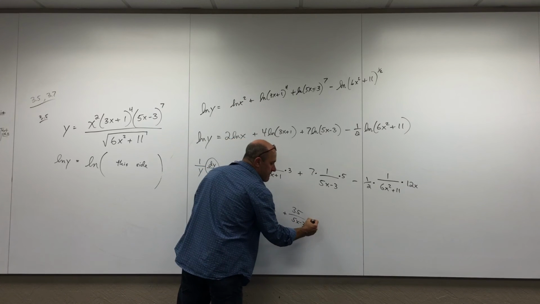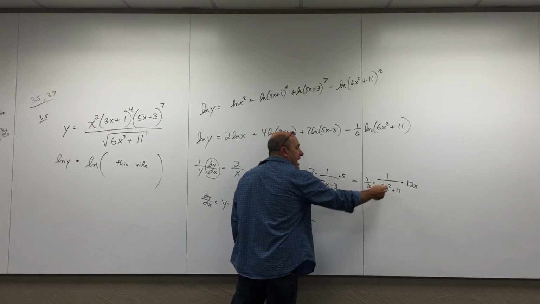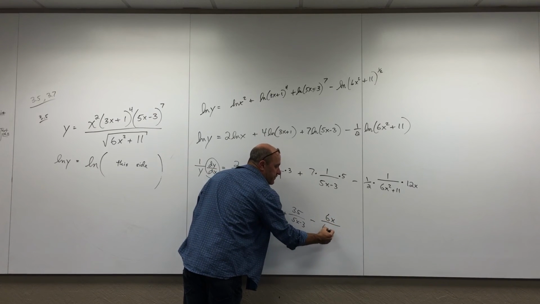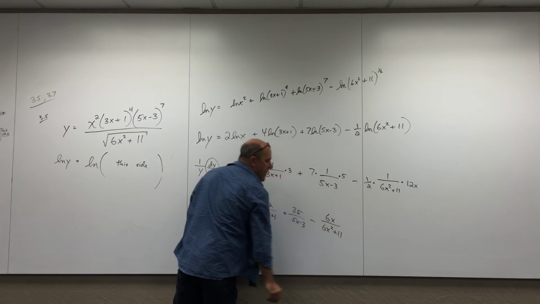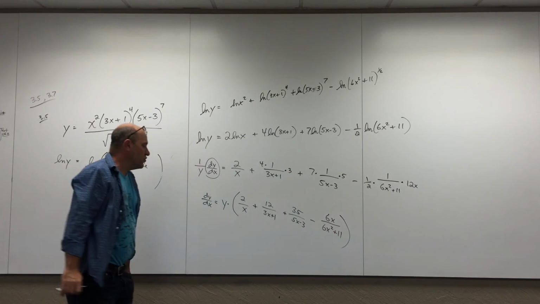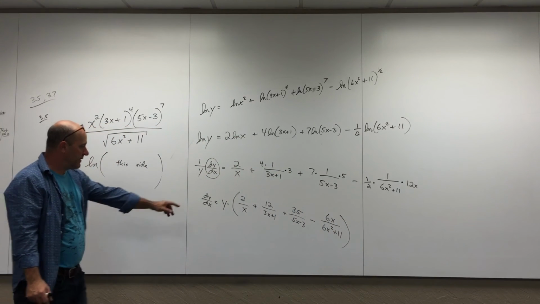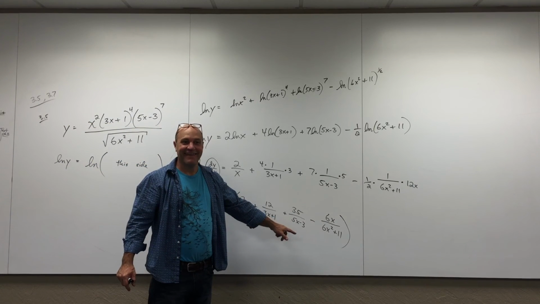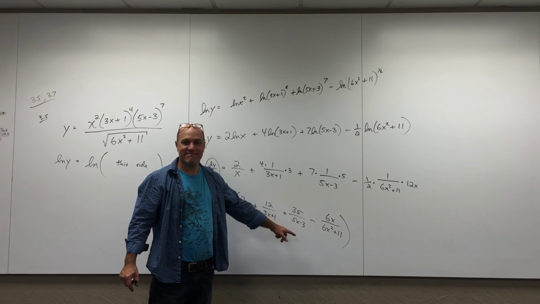Wow, what a pain. Hey, I'm going to cancel the 1/2 with the 12x and call that a 6x. Is that okay with you? Yeah. Oh my goodness. I think we're done. Unless, who volunteers to get a common denominator? No. Come on.